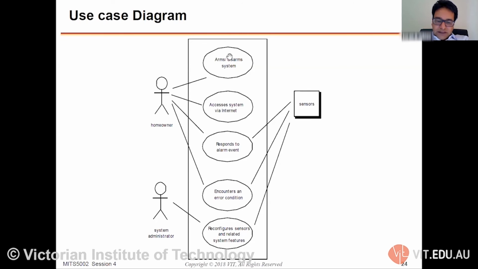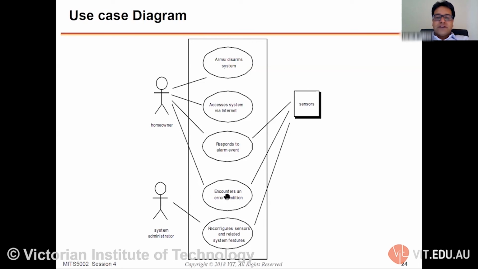For example, when this system is built, the system administrator or a technical person can install and update the sensors or the system configuration, the way the sensors interface with the system. A homeowner doesn't do that. That is special system administration. So there is a normal user, the homeowner, and maybe a technician or system administrator who can do that.